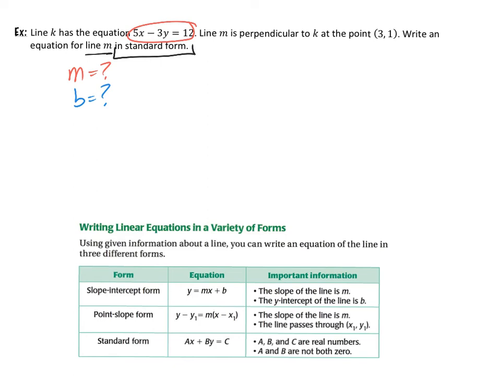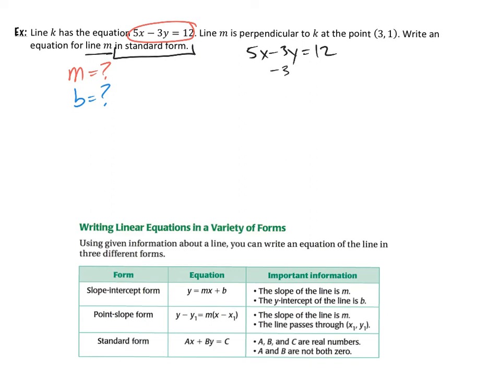Well, here's the tricky thing. Let's rearrange 5x minus 3y equals 12 and solve for y. We're going to go the other way, from standard form to slope-intercept form. So I want y by itself, and I'm going to subtract 5x from both sides.